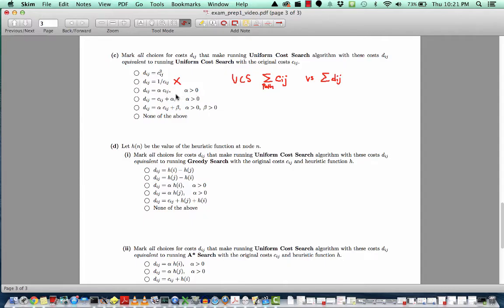Let's first start with this third answer, where Dij increases at a rate alpha with Cij. In this case, when we set Dij to be equal to alpha times Cij, then we'll get the sum of alpha Cij. And so this is going to be equal to alpha times the sum of Cij.